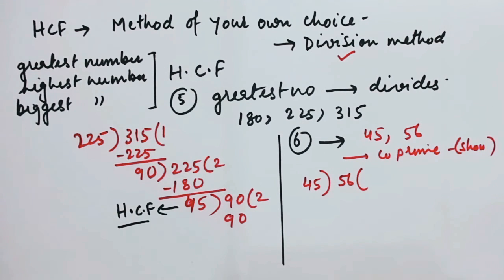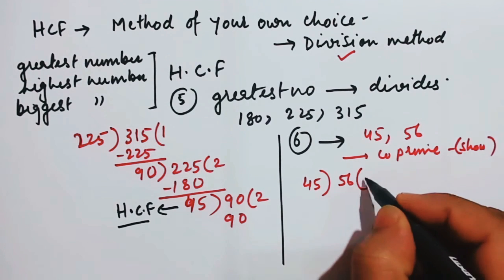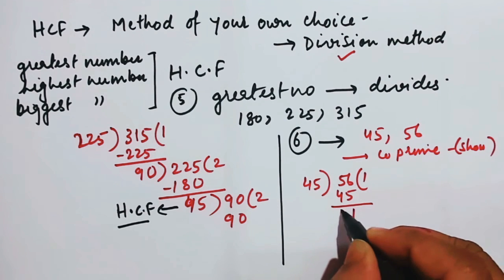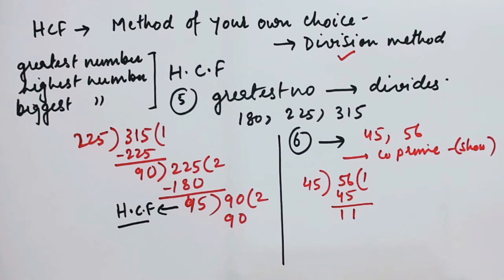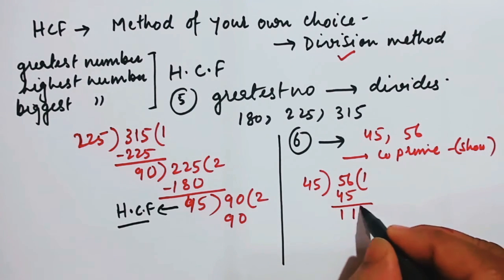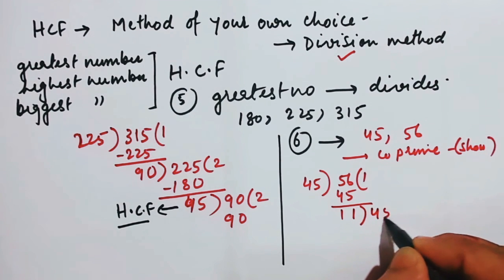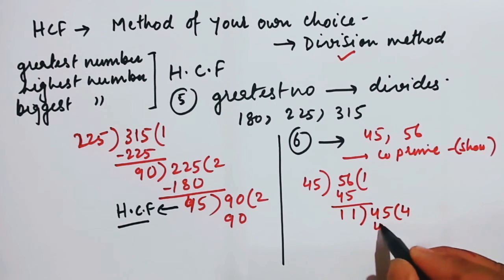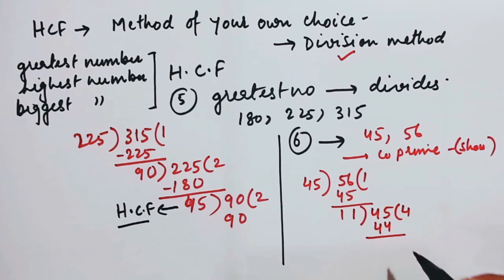And you will find that 45, 1 times 45. Subtract it, how much will you get? You will get 11. 11 will become the divisor of 45. 11, 4 times 44. Very good.